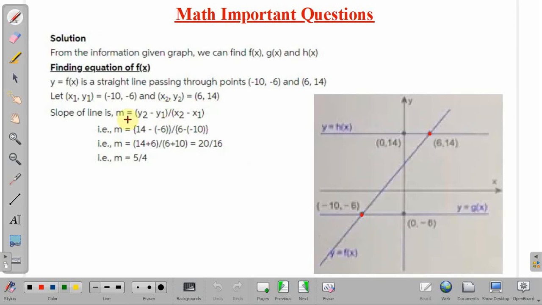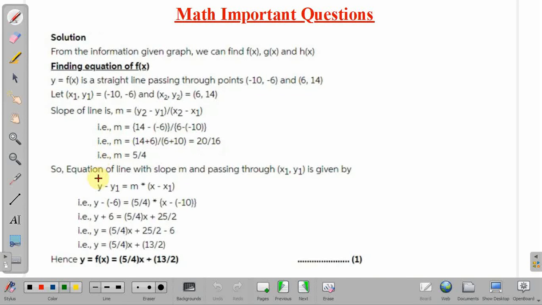Now we can calculate the slope of the line. The slope is given by m equal to (y2 minus y1) divided by (x2 minus x1), and substituting the values of x1, y1, x2, y2, we get the slope m equal to 5 by 4. Now if we know the slope and a point (x1, y1) on the line, then the equation of the line can be written as y minus y1 equal to m times (x minus x1).